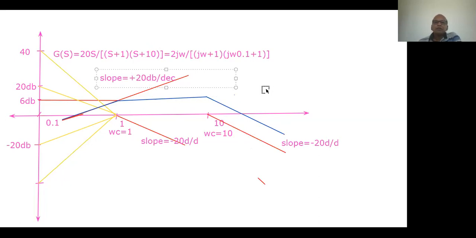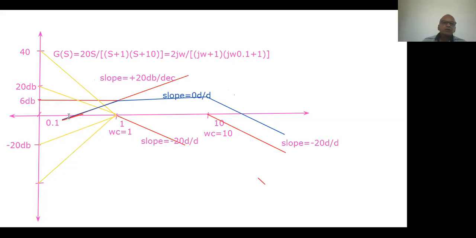And then you observe the resultant. Resultant is equal, this is the slope is equal to plus 20, then 0 dB, and then again this is the minus 20 dB per decade. Here is the slope equals 0 dB per decade.